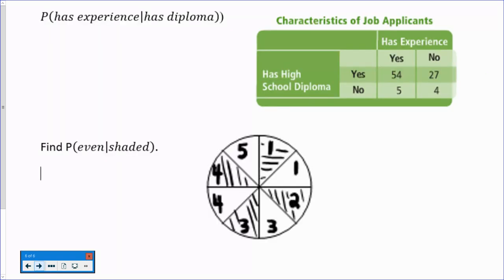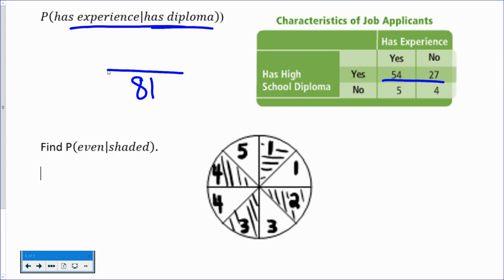All right, here's our last 2 examples here. Another table situation. So probability they have experience given they have a diploma. So of all of these applicants who have a diploma, what's the likelihood they have experience? That is what that means. So of all the diplomas, because that's what it's out of, find all the diplomas, has high school diploma, yes, 54 plus 27, be 81 of the applicants.